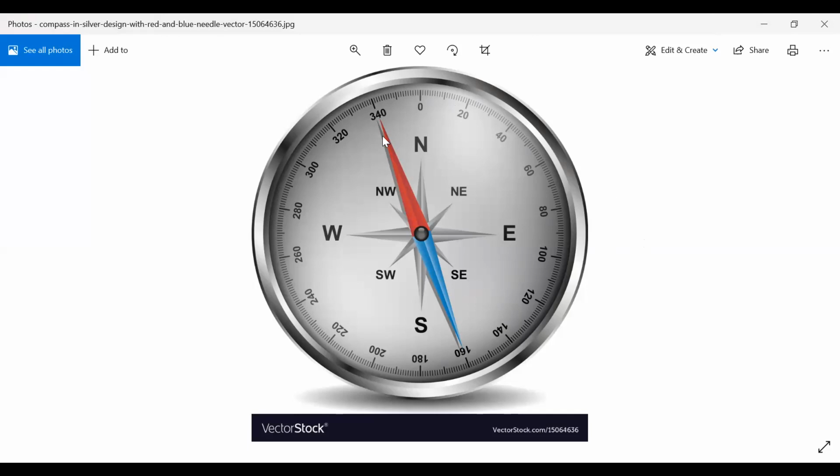Whatever needle we can see here is made of a magnet. We also know that whenever we freely suspend a bar magnet, it aligns in the north and south direction. Why? Because our Earth acts as a magnet, isn't it? So whenever a magnet is freely suspended, it always aligns towards the north and south pole.